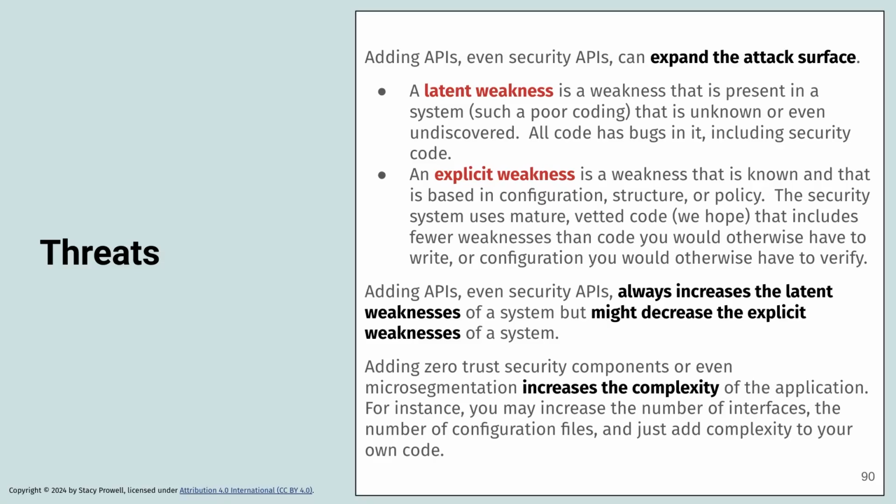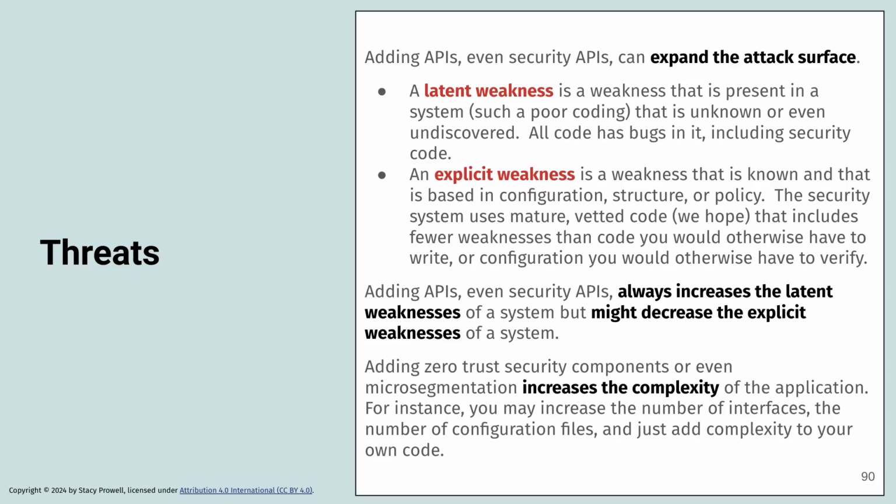We have to turn that weakness into an unexploitable weakness by adding protection around it. Adding all that layer of protection around it, that's going to add latent weaknesses, but those are latent. They're not known, right? The difference between latent and explicit is latent is the 0-day stuff. Explicit is the stuff everyone knows about and is actively exploiting.